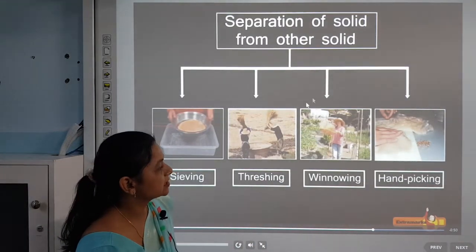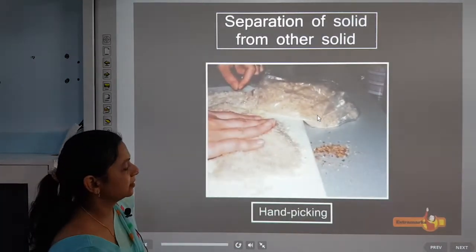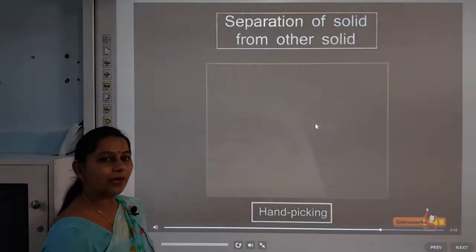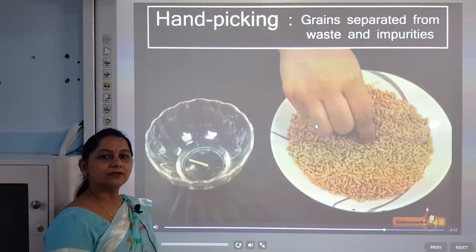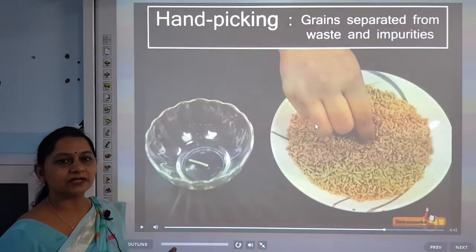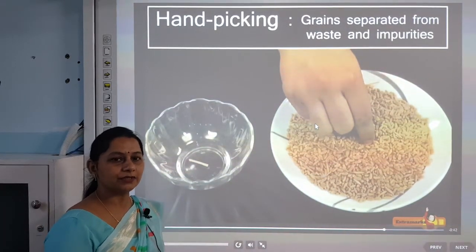Coming up next is the hand picking method. Now students, this is a very common method which you must have observed your mama using. Even you do it.